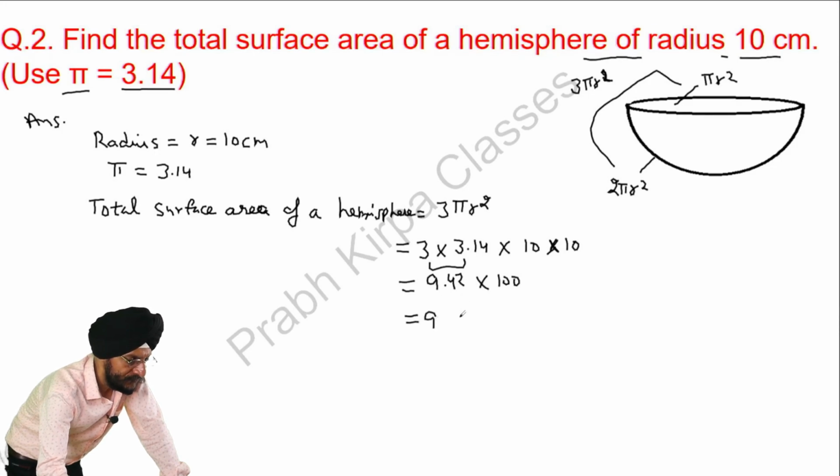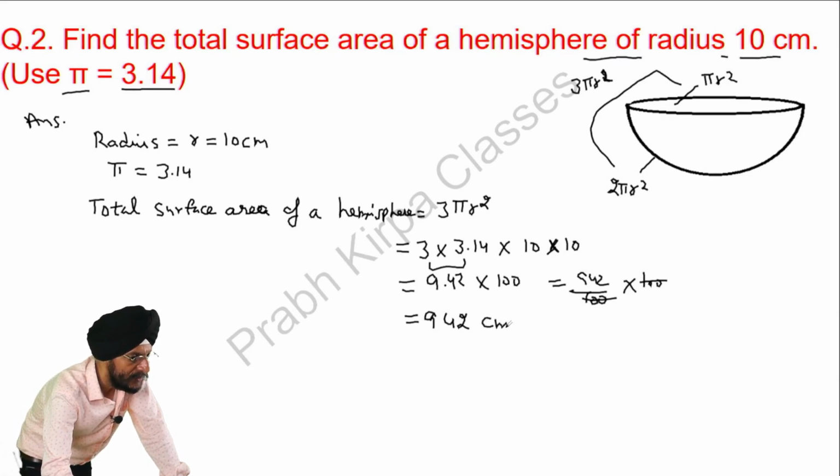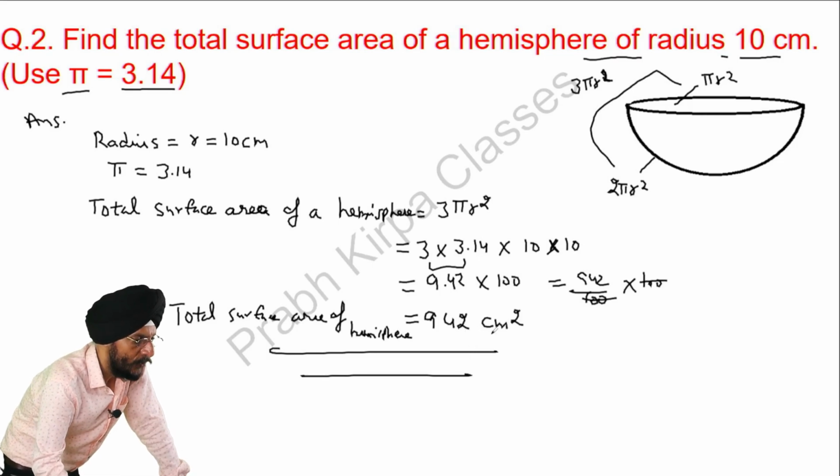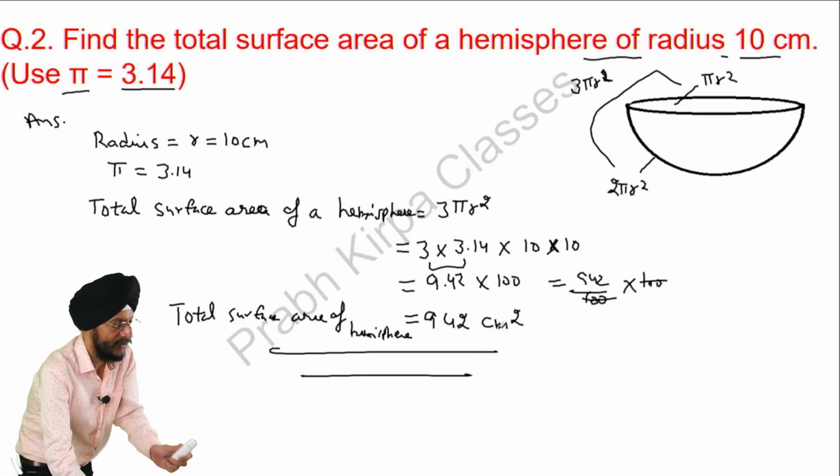Now it will become 942/100 into 100. This will cut and ultimately the answer will be 942 square centimeter. So the total surface area of hemisphere is equal to 942 square centimeter. This is the answer.